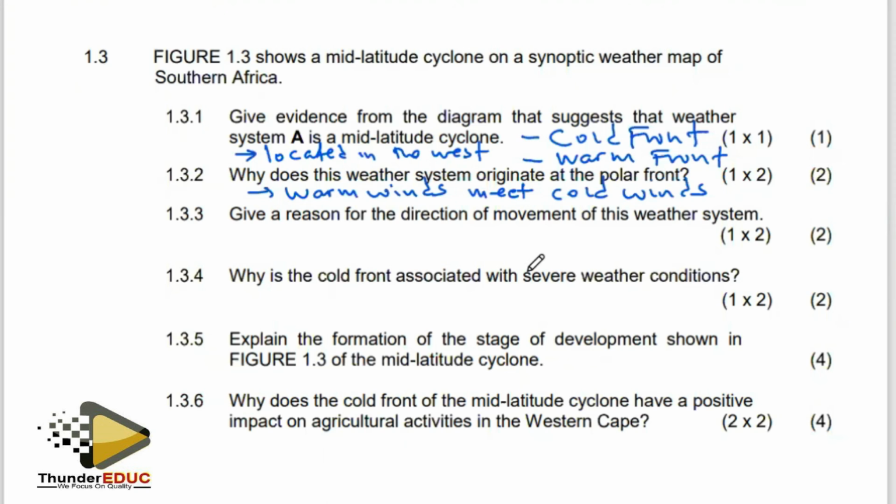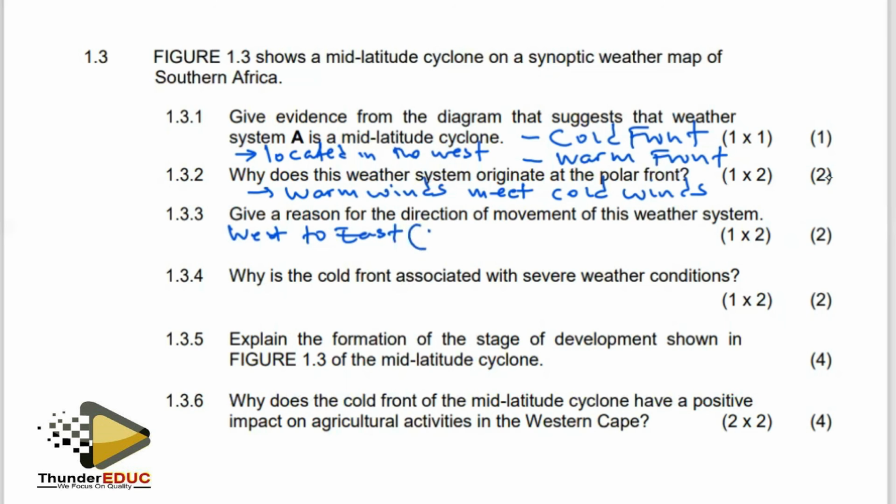Now give a reason for the direction of movement of this weather system. Now, its direction of movement, we know they move from west to east. But the question is asking why do they move from west to east?